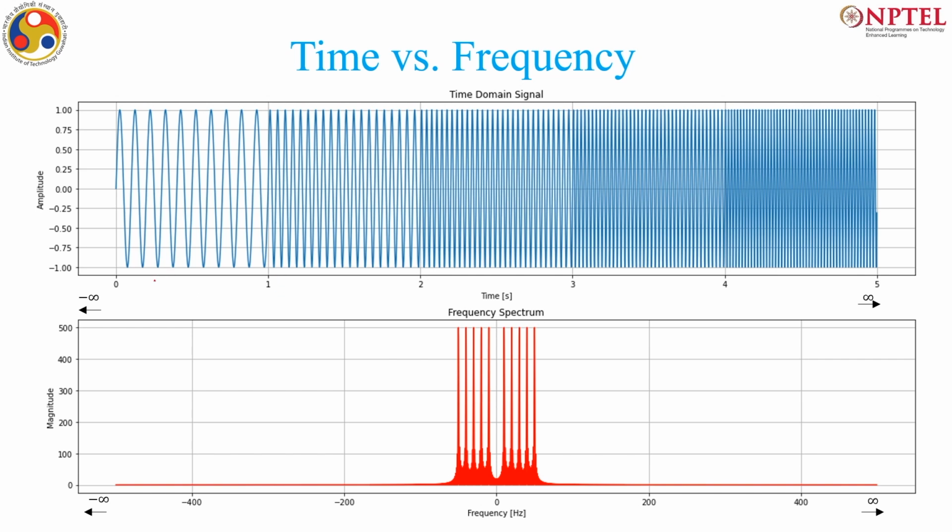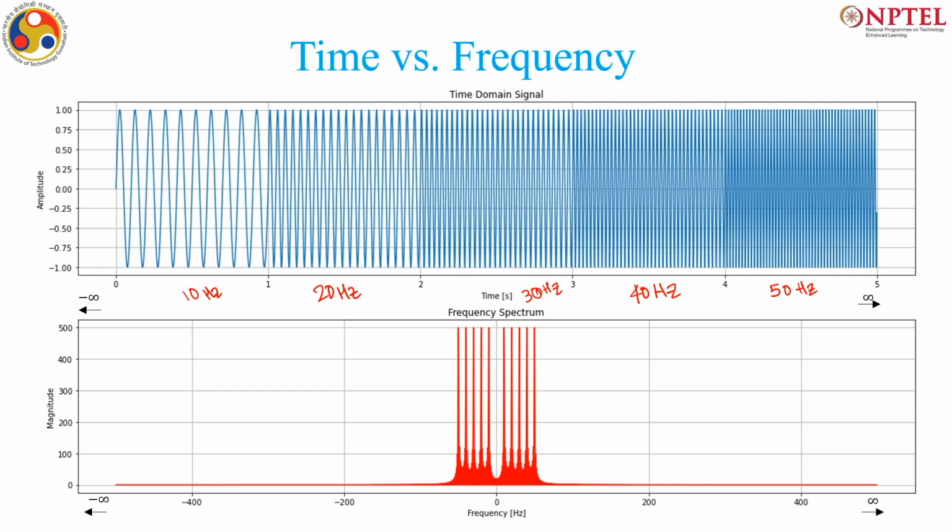So, from 0 to 1 second the frequency is 10 hertz, from 1 to 2 seconds the frequency is 20 hertz, from 2 to 3 the frequency is 30 hertz. You can count and you will know that it is 30 hertz. From 3 to 4 seconds the frequency is 40 hertz, and from 4 to 5 the frequency is 50 hertz.